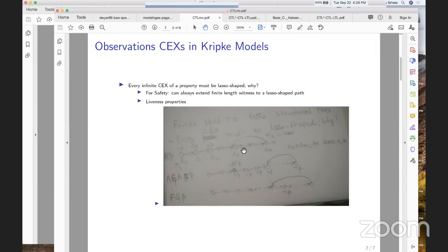Now the new counterexample may not have exactly the same states as the old counterexample, but it's still a lasso-shaped path, and it is indeed a counterexample. This just follows as a consequence of the fact that you only have finitely many states.